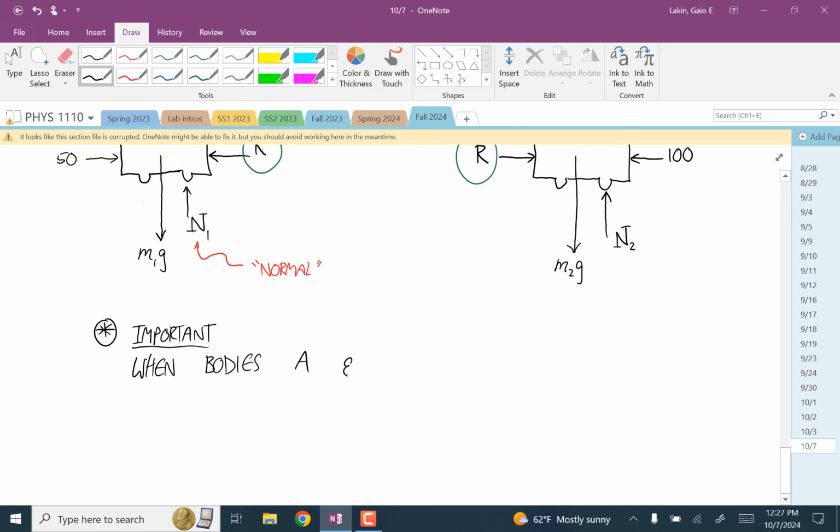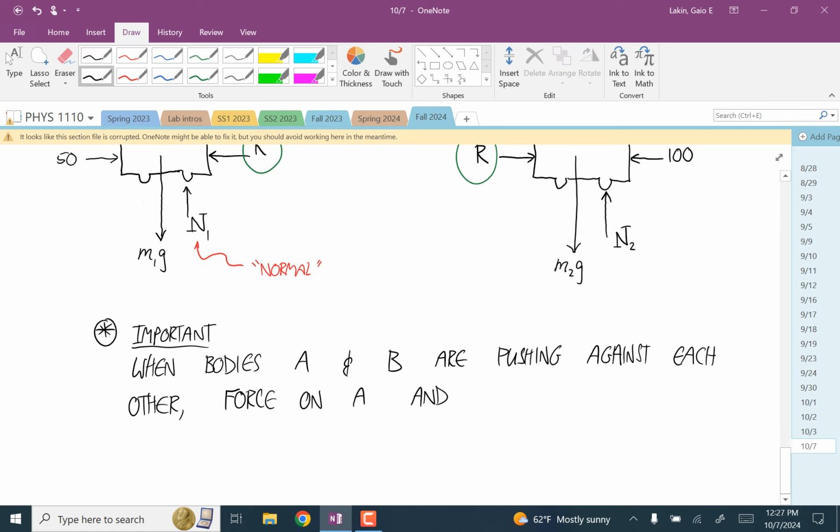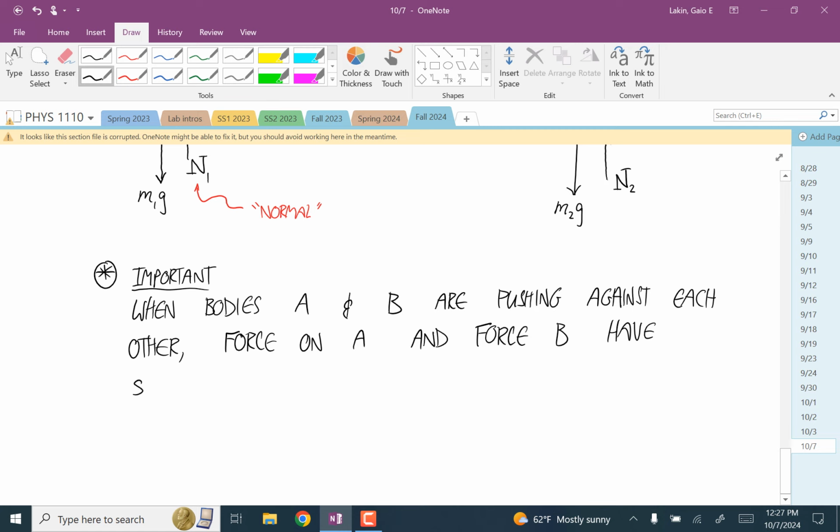Whenever bodies A and B, just any two bodies, are pushing against each other, the force on A and the force on B have the same magnitude.